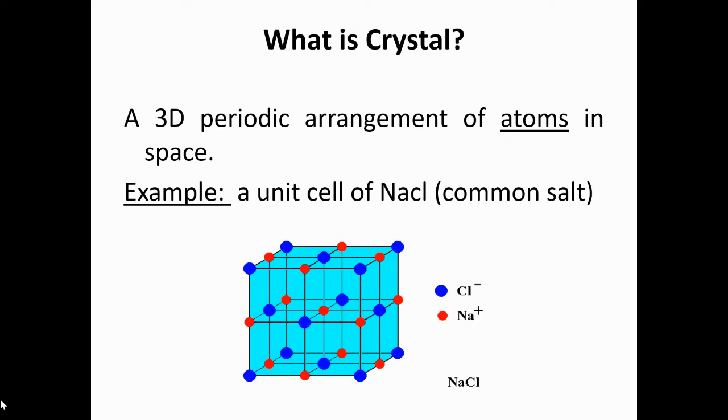For example, if we look along the cube edge, we start with chlorine and then after a certain distance you can find a sodium and then again chlorine. So that is what is meant by periodicity.